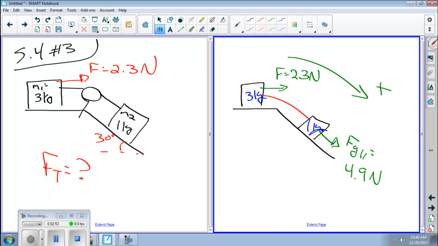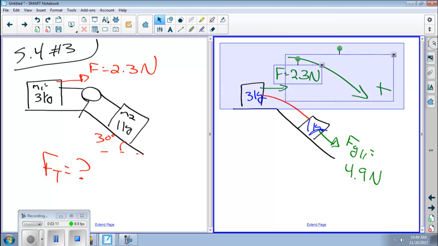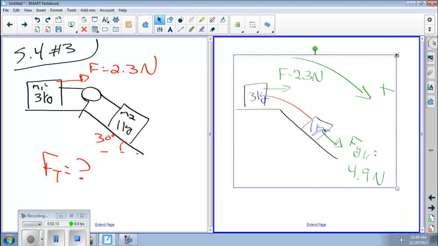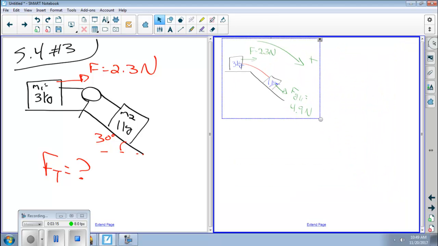Good. Are there any other forces I need to consider that are going to affect the motion of the system? I think that's it. It's frictionless, right? Okay, cool. What should I do now, you guys? Find the net force and acceleration of the system, right?